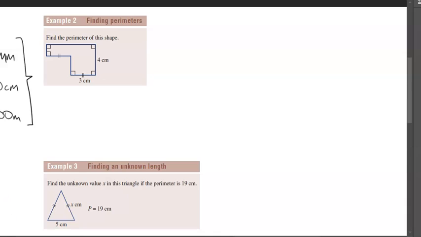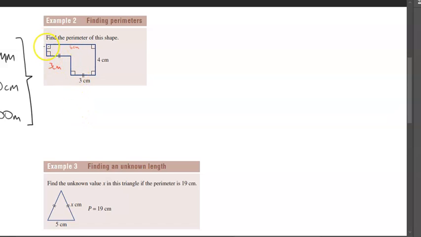So what we do know is that this length here has to be 3 centimeters. We also know that if these 2 lengths here are 3 centimeters and 3 centimeters here, the total length up the top has to be 3 plus the additional 3. So this here has to be 6 centimeters. And the 2 other units that we have here are this one and this one.